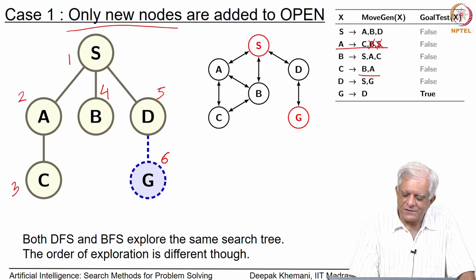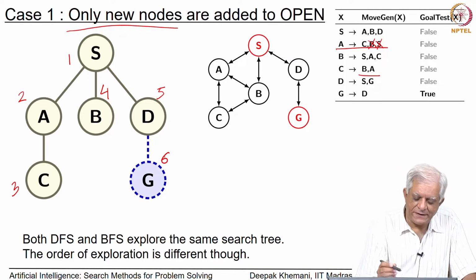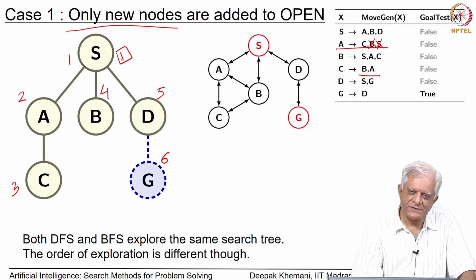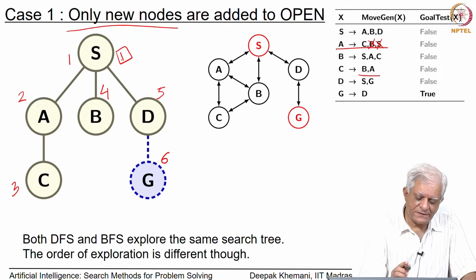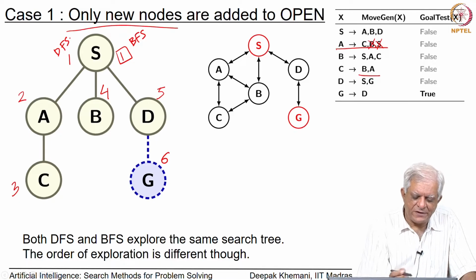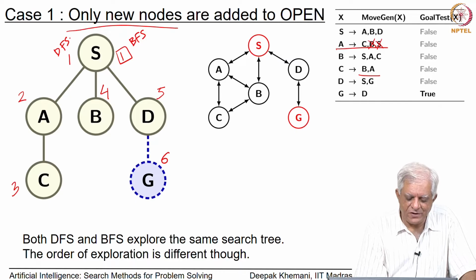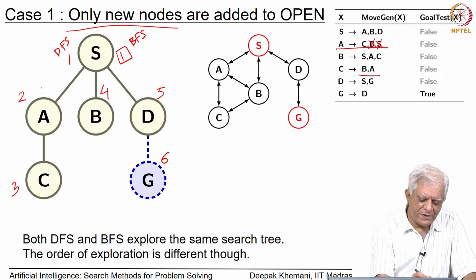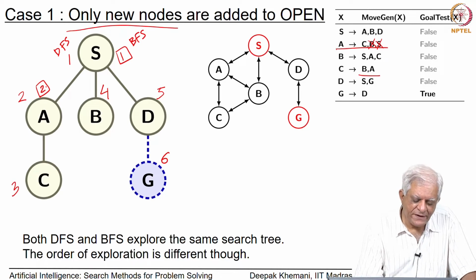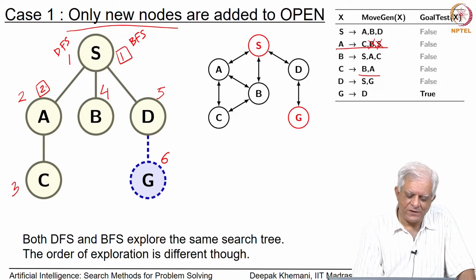Breadth first search also starts off by looking at the node S. Let us put this in square boxes just to distinguish from depth first search. So this is for BFS and this one was for DFS. Here also we generate the 3 children A, B, D of S, and breadth first search looks at the first child in the open, which is A, and it also generates C as a child of A like depth first search did, but it adds C to the end of the queue.